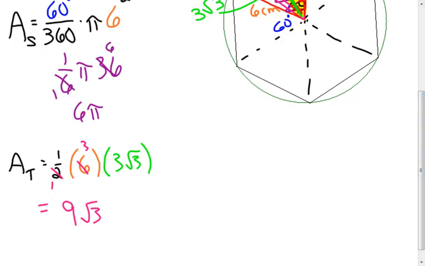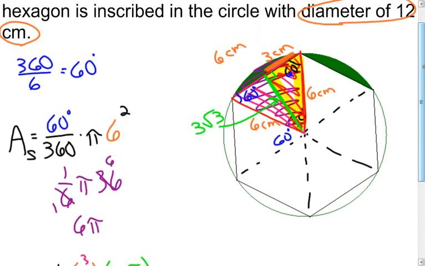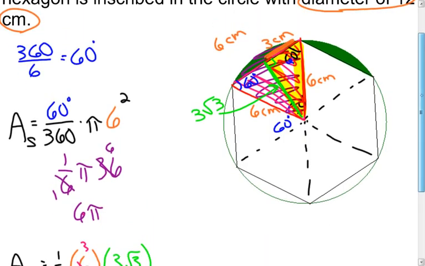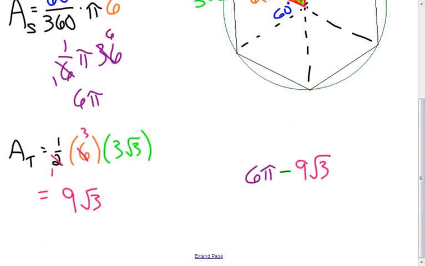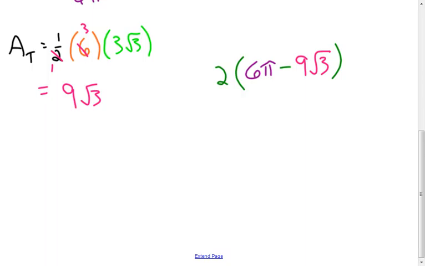So I'll take that, 6 pi, but then I have to subtract the area of my triangle, which is 9 root 3. So right there, that is the exact value for the area of just one of those green segments of the circle. Now there's 2 of them, and they're congruent, so I'm just going to multiply by 2, and I'm going to have the area of my green segments of the circle.